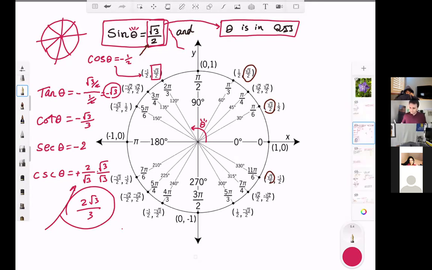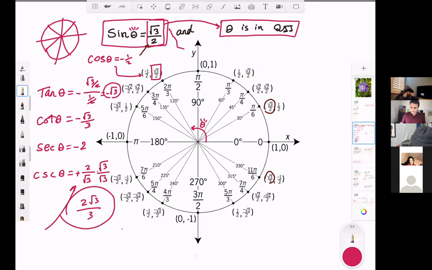On your note sheet, besides having this unit circle, which has only sine and cosine, I would like you to have tangent and cotangent, all the 6 of them.